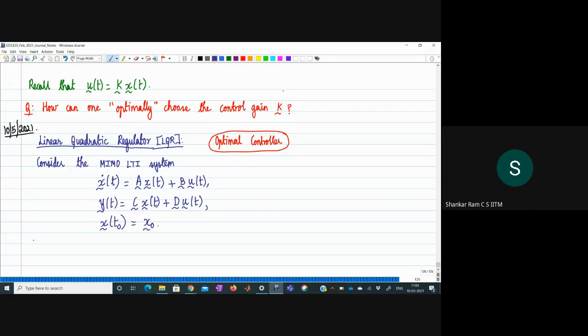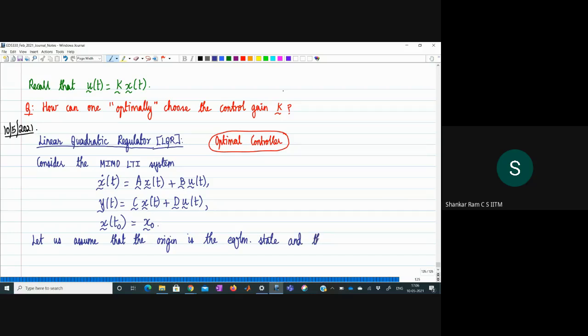Let us assume that for this particular system, the origin is the equilibrium state, which is a reasonable assumption, and that the realization is minimal.